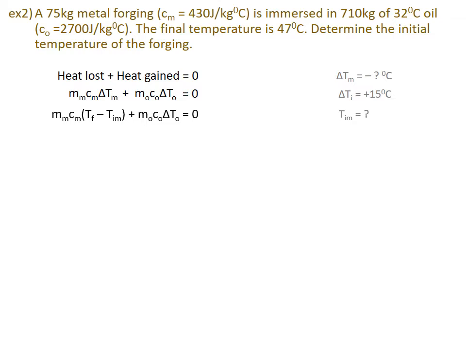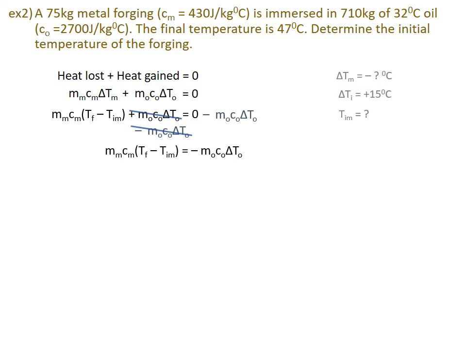Now to get it by itself, I've got to start pulling stuff away from Tim, from furthest out, working my way closer and closer to him. The first thing I'm going to do is subtract MOCO delta TO from both sides. On the left-hand side, MOCO delta TO will factor out, and I now have MMCM in brackets TF subtract Tim equals negative MOCO delta TO.